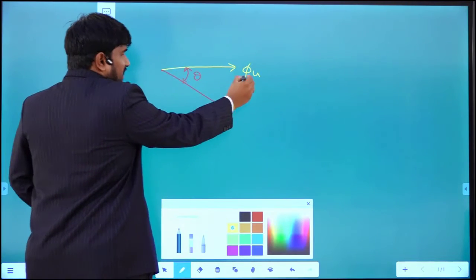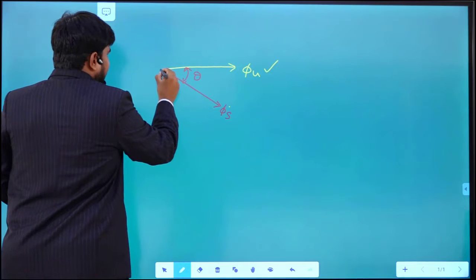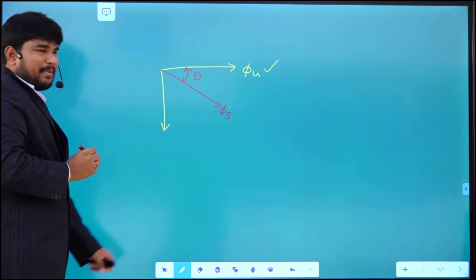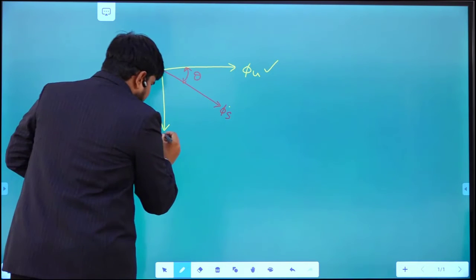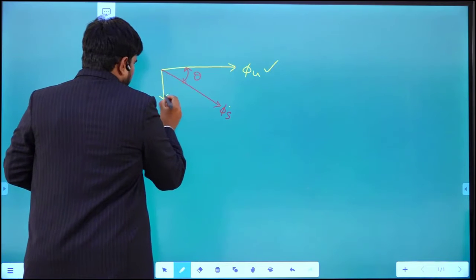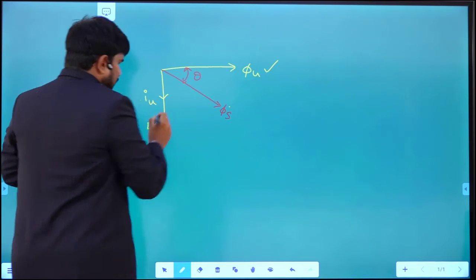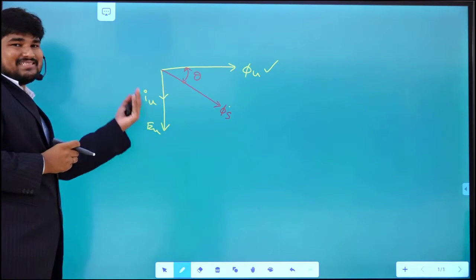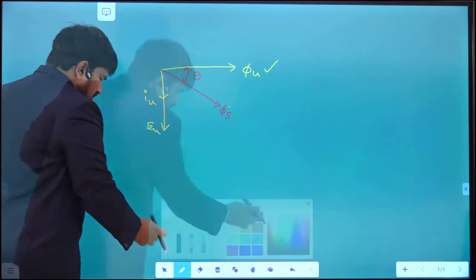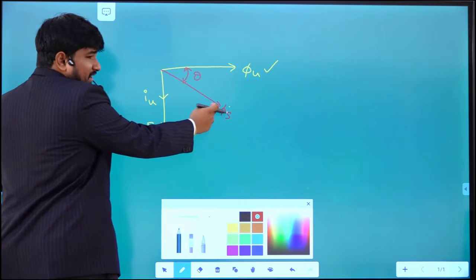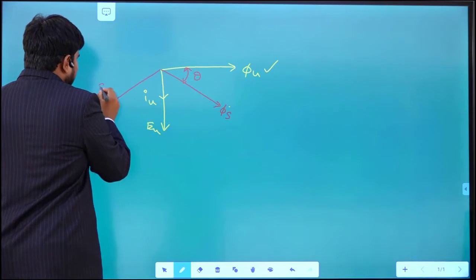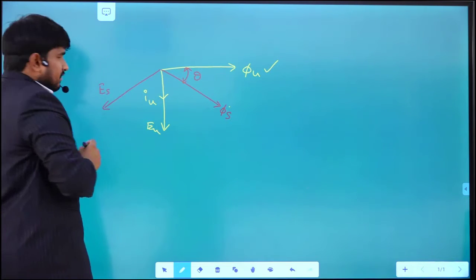Now because of this phi u, there is a creation of EMF inside the disc, right? Let it be Eu. Because of this Eu, Iu, that is eddy currents, will be developed inside the disc because of this unshaded region. Now similarly, because of phi s, Es will be generated inside the disc.